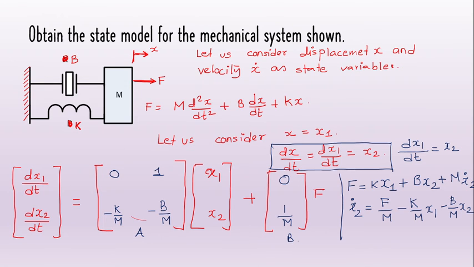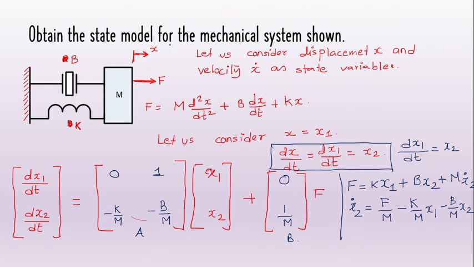Now suppose it may ask to write the output equation considering the position, the displacement, to be my output. It depends upon you; you can write what you want to get as output.